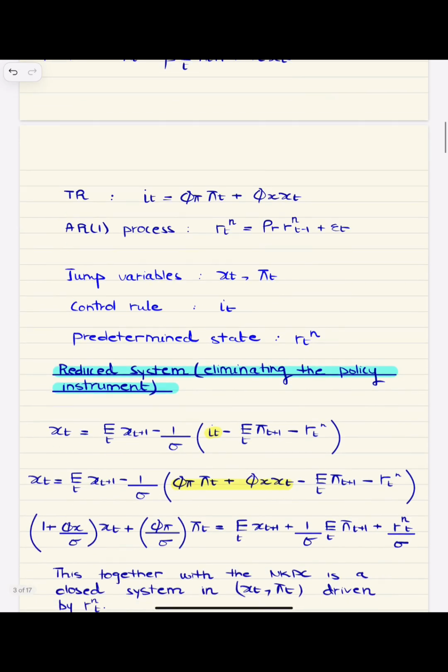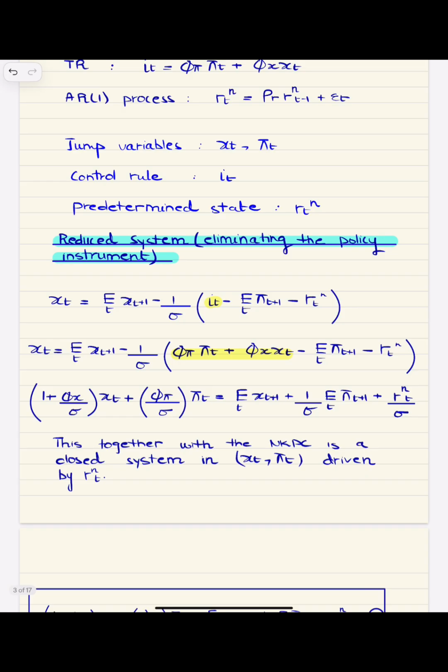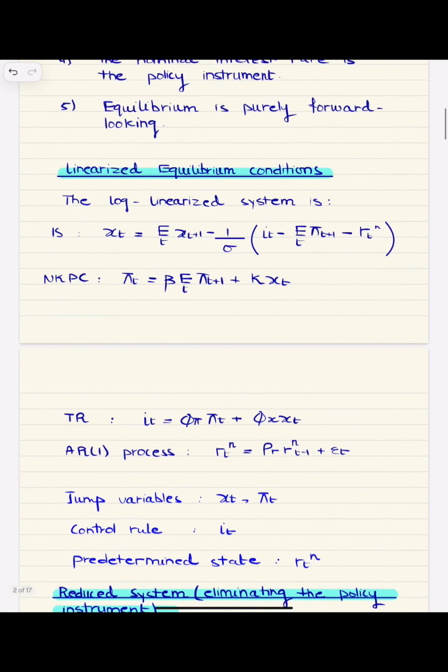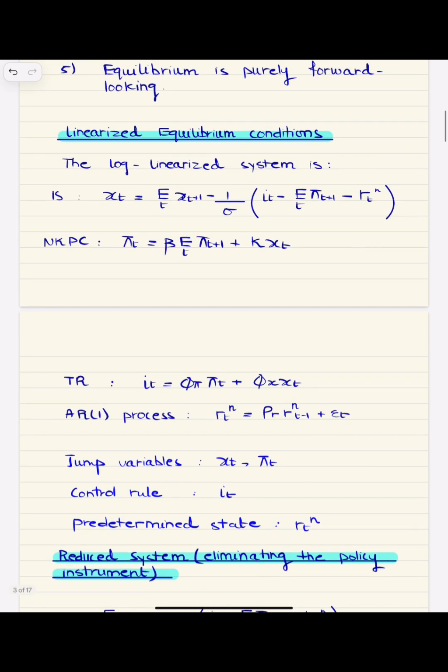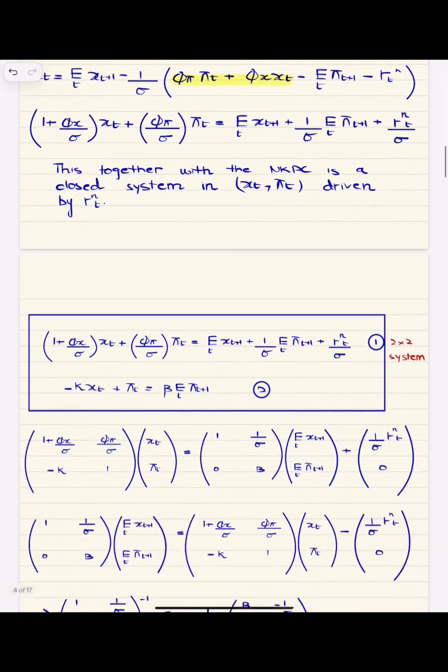Okay. Now let's talk about the reduced system. Remember, if I make these three equations into a 3x3 system, it's going to be a bit more difficult for me to work with. So it's always easy to have a 2x2 system. Therefore, we want to substitute the Taylor rule into the IS curve to obtain equation number 1.